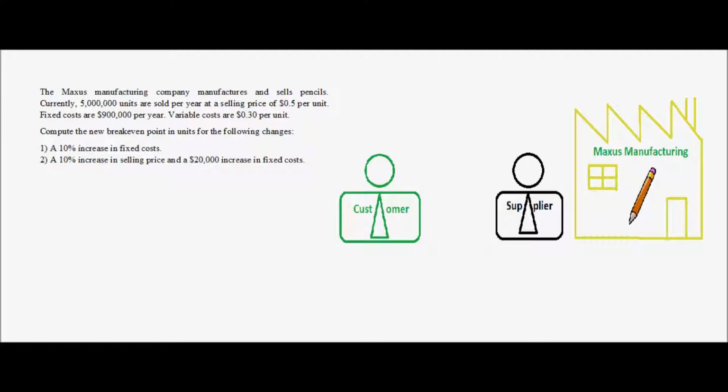First, a 10% increase in fixed cost, and second, a 10% increase in selling price and a $20,000 increase in fixed cost. So let's say this is the manufacturing facility of Maxis Manufacturing Company, which is in the business of manufacturing pencils.